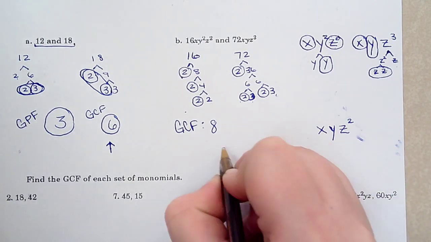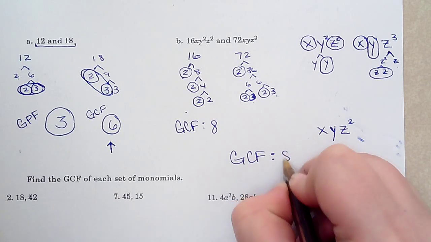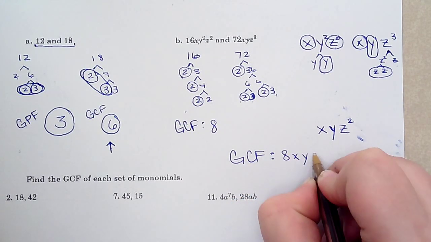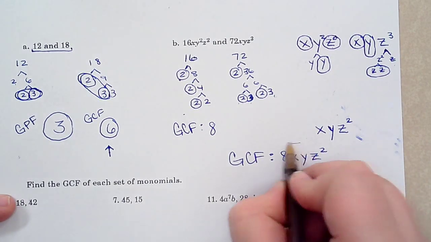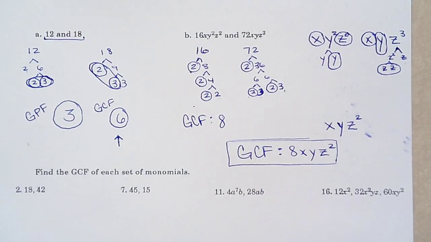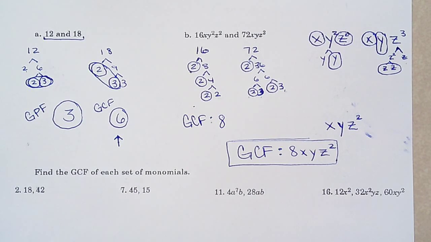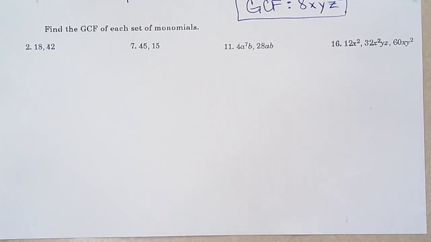When I put them back together, I find that my GCF is 8xyz squared. This is what I can pull out of both of them and still have nice numbers. So let's keep going. I encourage you to pause the video here, try these on your own, see if you can get them, and then come back and I'll walk you through them.